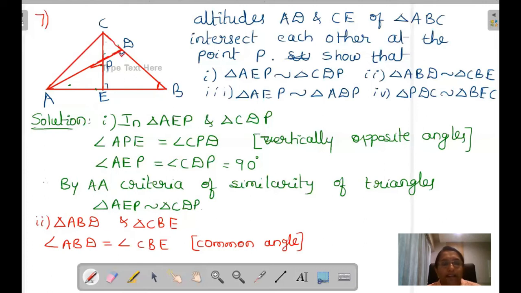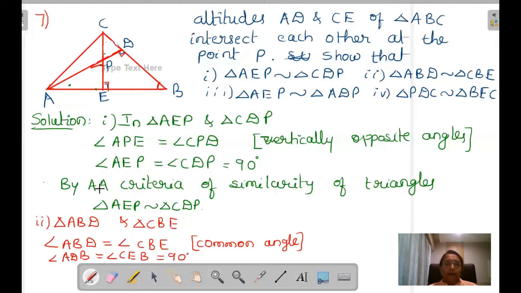Next, anyhow one angle is 90 degrees in both. In ABD, this angle is 90 degrees, and in CBE, this angle is 90 degrees. So we'll write that angle ADB is equal to angle CEB is equal to 90 degrees.